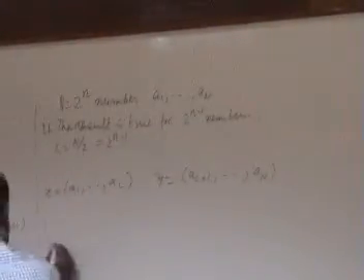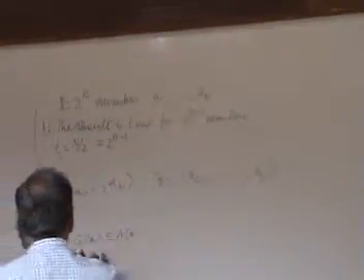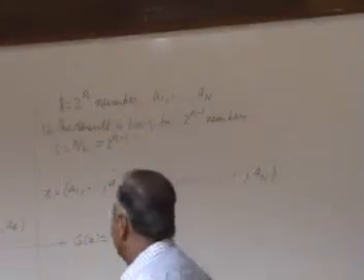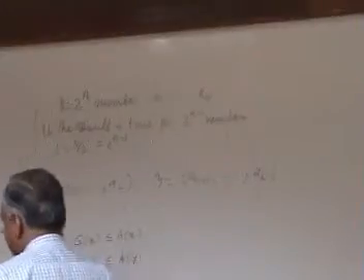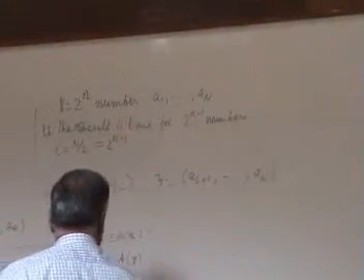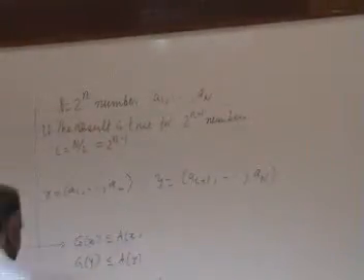And then the same thing, GX will be less than or equal to AX. Why? Because we assume the result is true for L numbers, and similarly GY will be less than or equal to AY, and you define a new number alpha equal to AX comma AY, and you get this result.